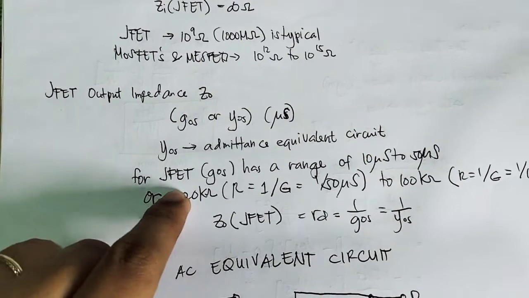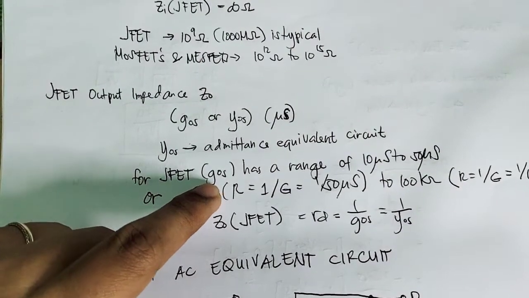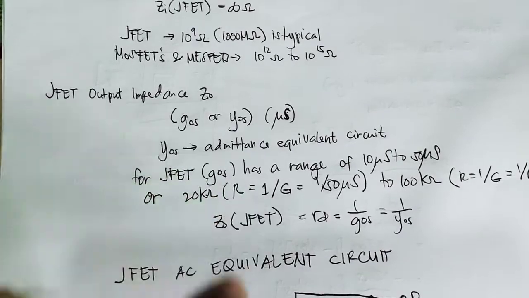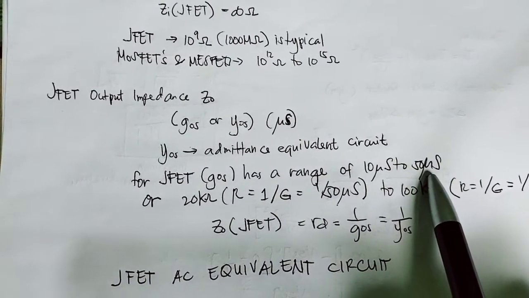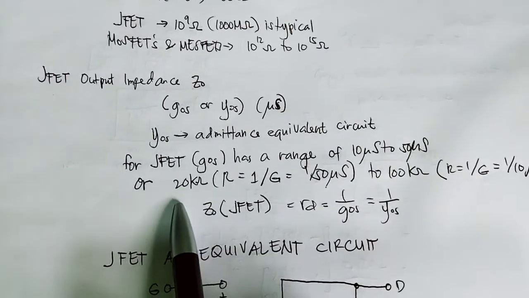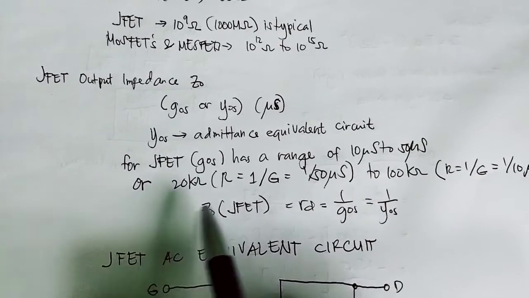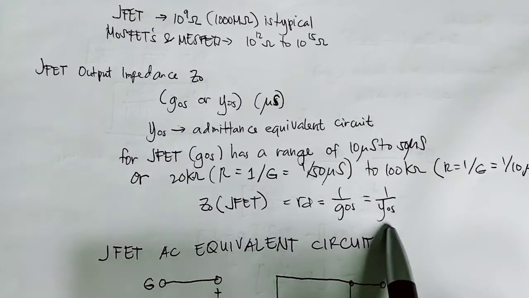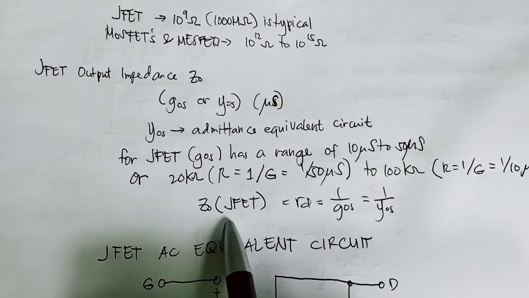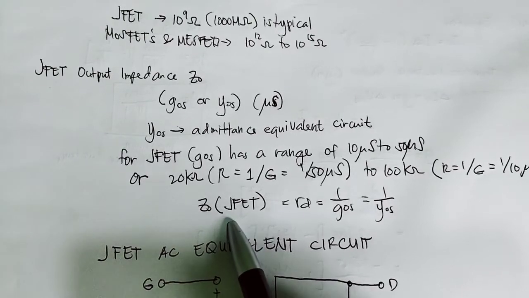So usually JFET g sub os has a range of 10 microsiemens to 50 microsiemens, or it ranges from 20 kilo ohm to 100 kilo ohm. So this is the formula for the output impedance of a JFET.